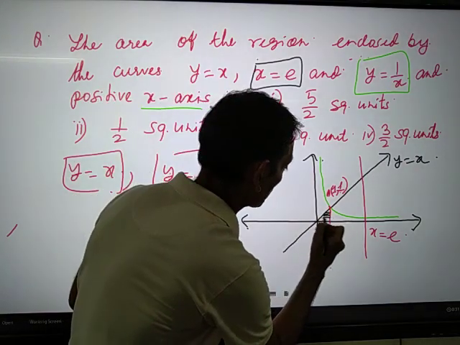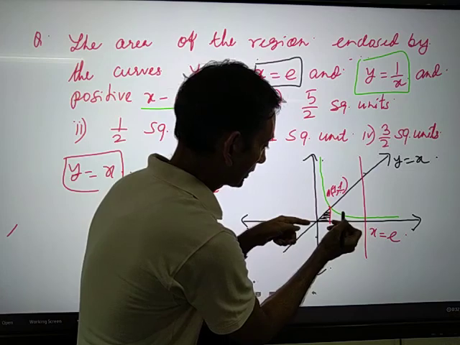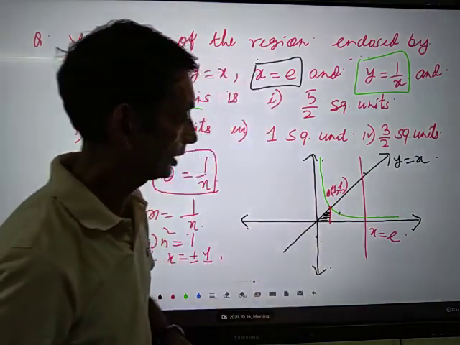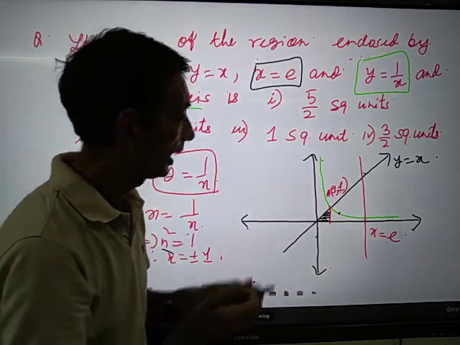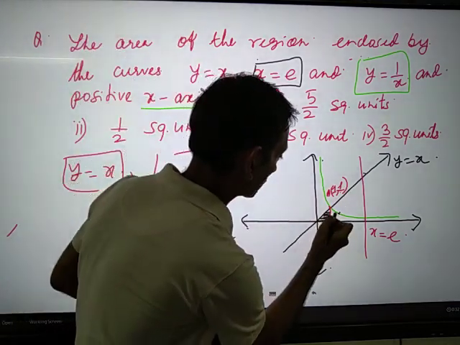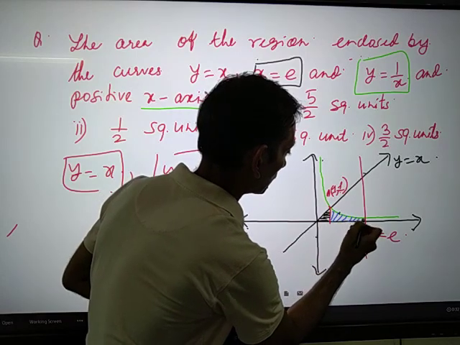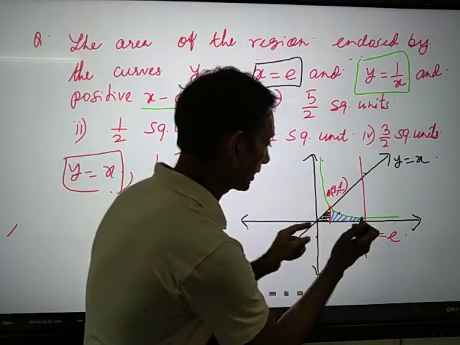We'll shade the portions. This is the portion bounded by this line and this curve and the positive x-axis. And similarly, we'll shade the other portion. This is the complete area you need to find out.